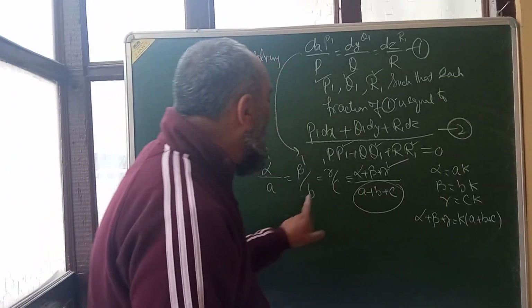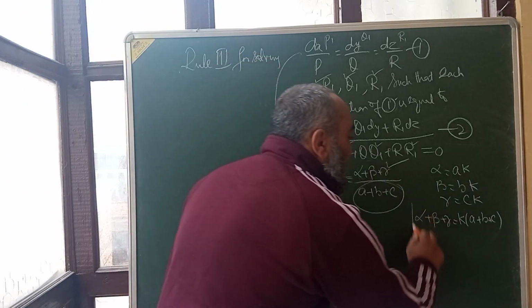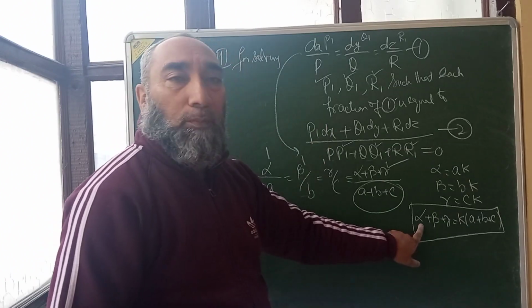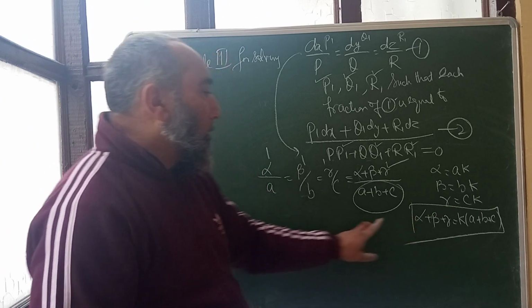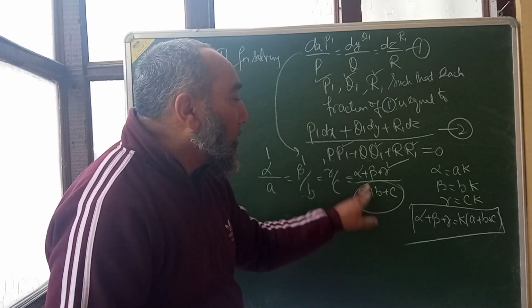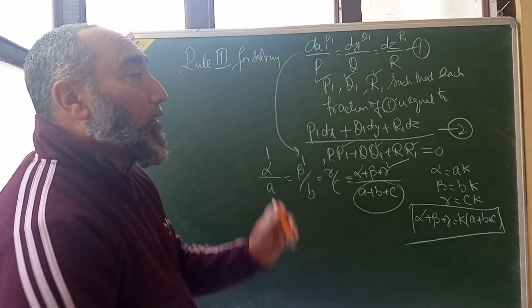You have seen that. All these fractions are equal and I have got this relation. If my A plus B plus C is 0, then so is alpha plus beta plus gamma. Okay? So if the denominator is 0, so is the numerator. I will be using this now.